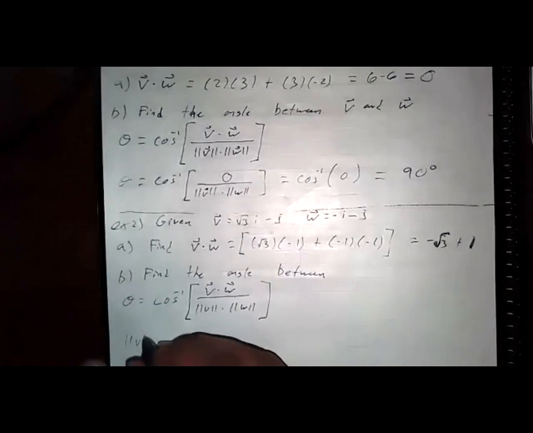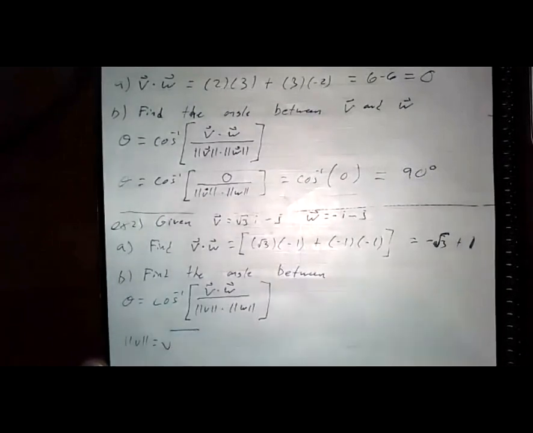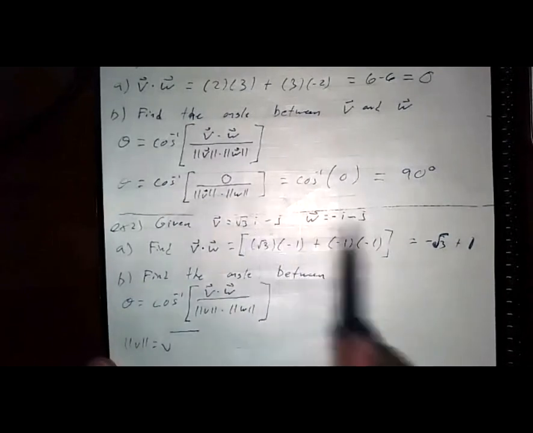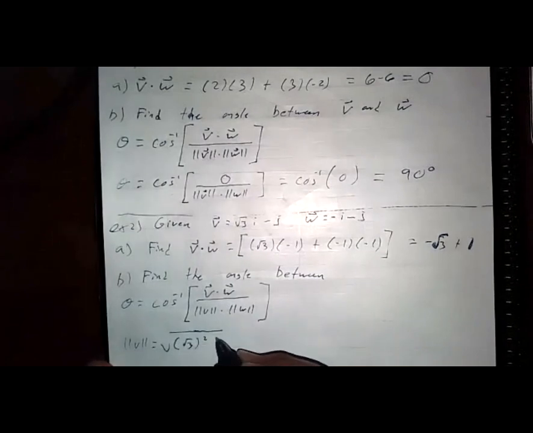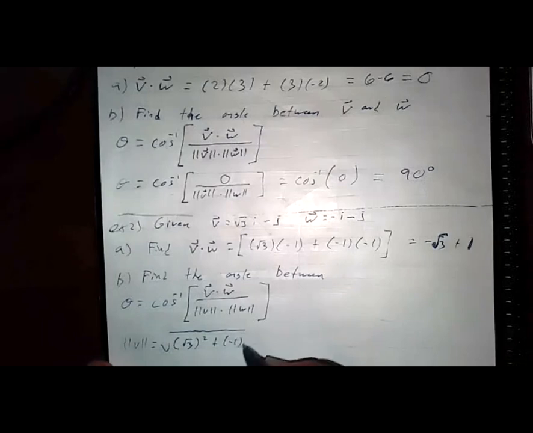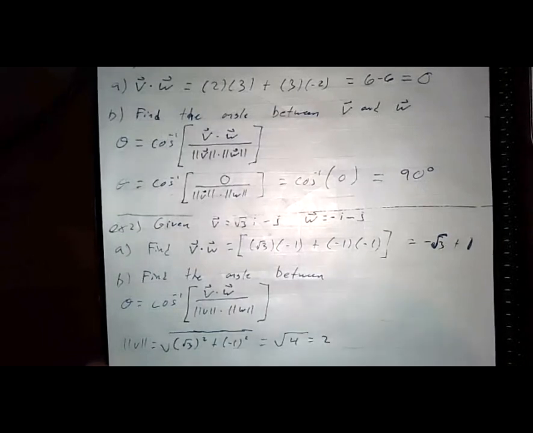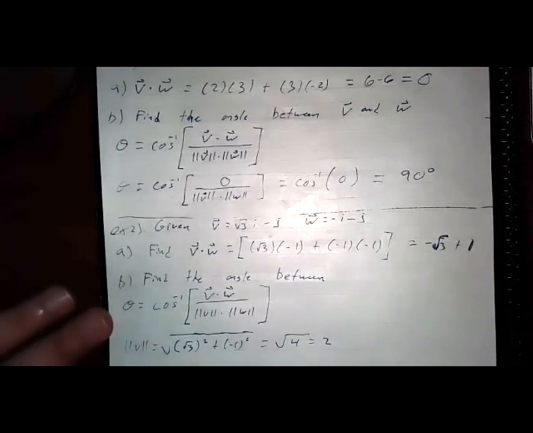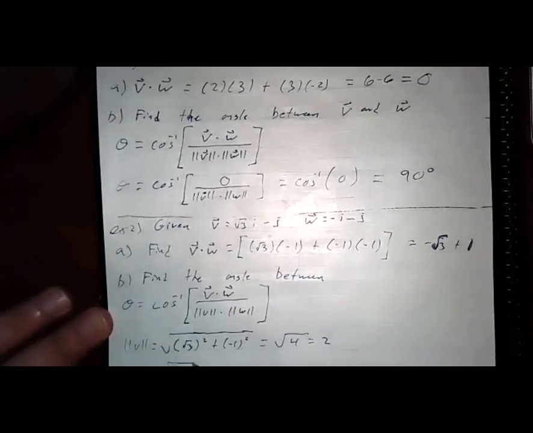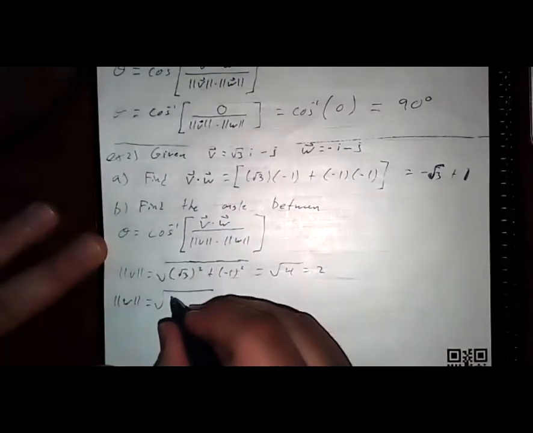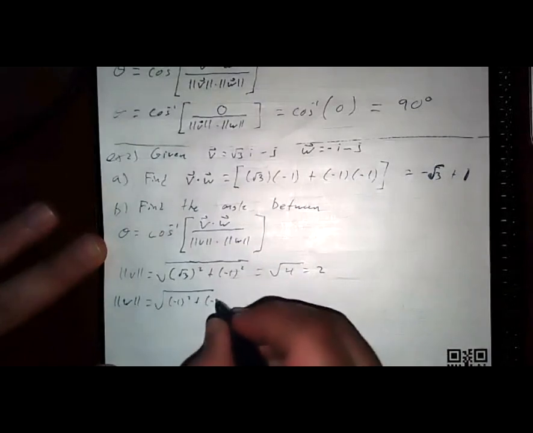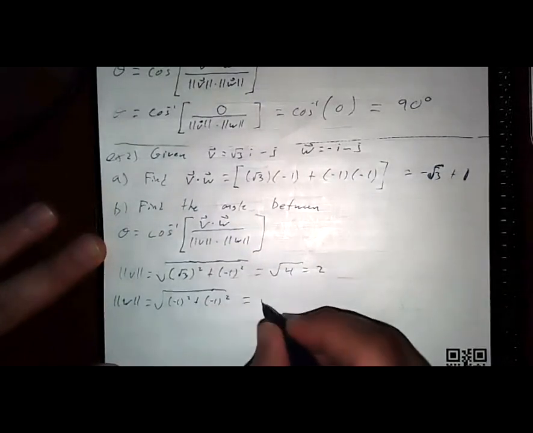So the magnitude of v is equal to the square root of root 3 squared plus negative 1 squared. That will give us the square root of 4, which is 2. Magnitude of w would be the square root of negative 1 squared plus negative 1 squared. So that'll be square root of 2.